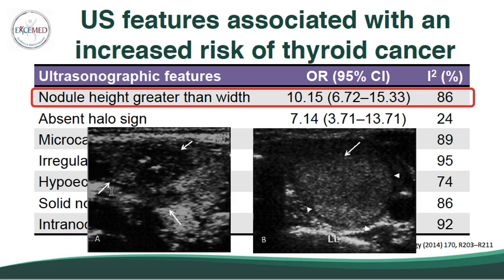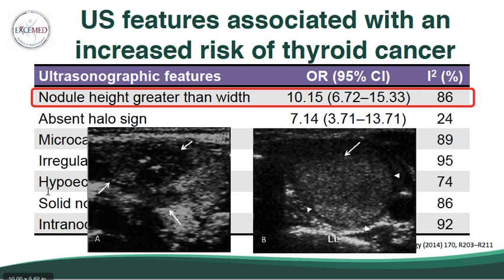There's no obvious border or halo sign. And in this nodule, you have some halo here, but it is incomplete. Okay? It's incomplete in this part of the nodule. So this feature puts the patient at 7 times increased risk of thyroid cancer.